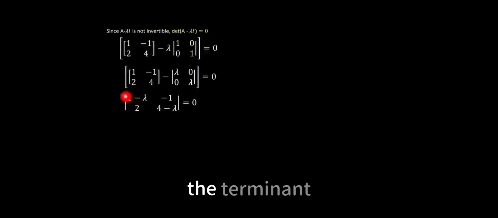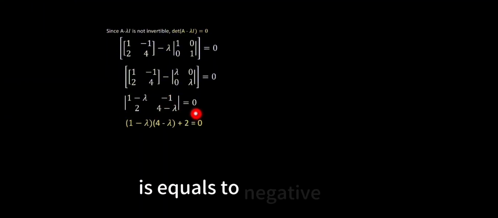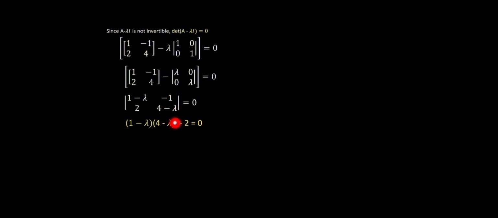To find the determinant, we multiply these two and multiply this, and from the first result we subtract the second. Since negative 1 times 2 is equal to negative 2, and we need to subtract it, negative times negative gives positive 2.